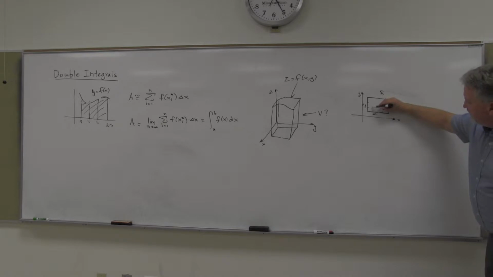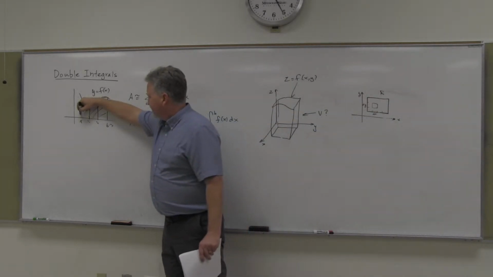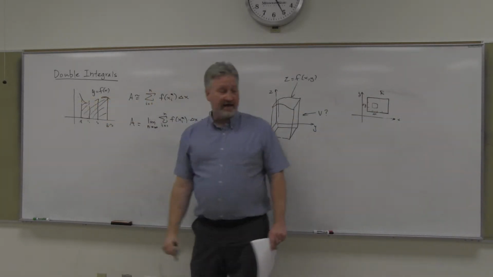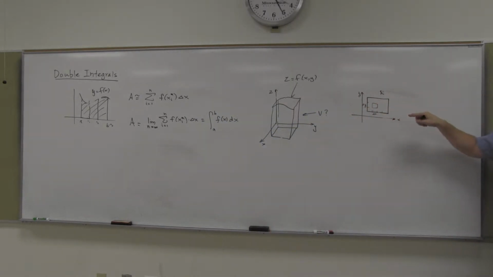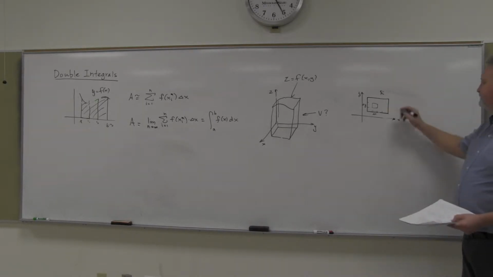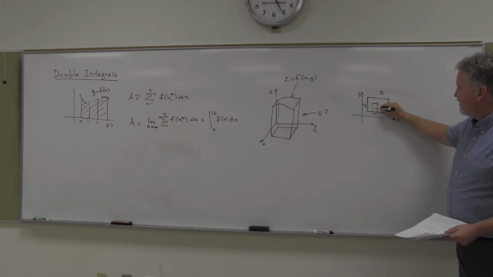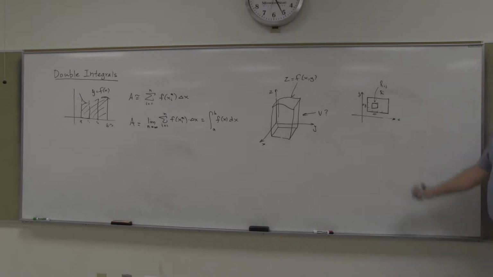And so if I put those together, instead of just a one-dimensional change in the x, here I've got a change in the x and a change in the y, and we'll just call that little rectangle there Rij, for a general purpose, because like I said, the x's could be divvied up into a different number of intervals than the y's.